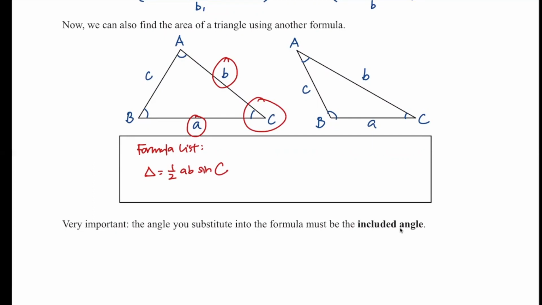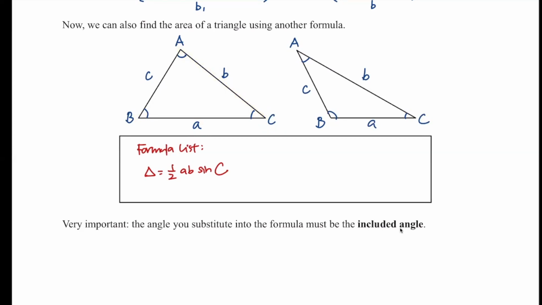But look at what I've circled. If you notice, the angle that I circled, which is C, is in between the two sides, a and b. One more time, the angle here is in between a and b. This idea of in between is what we call included.